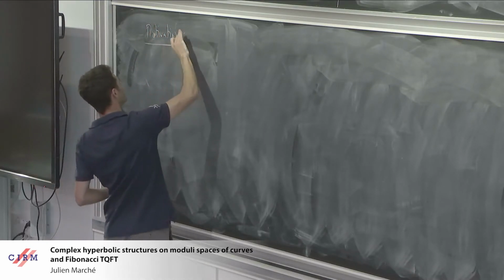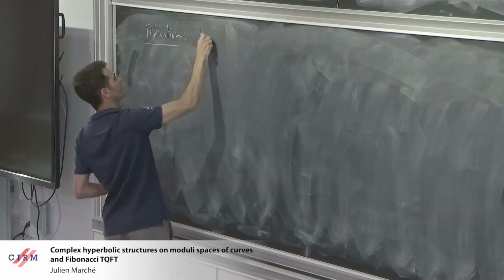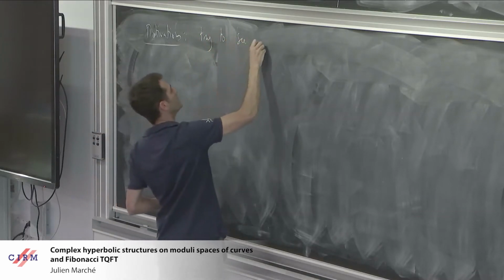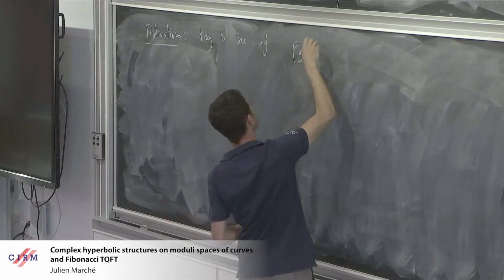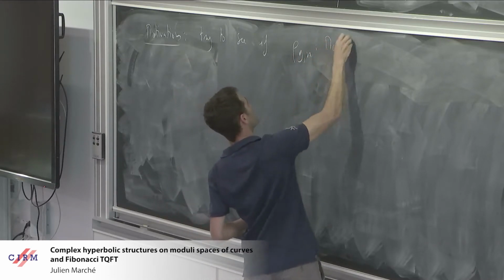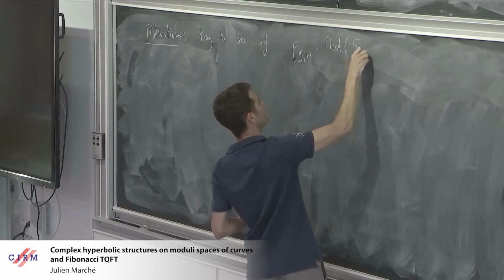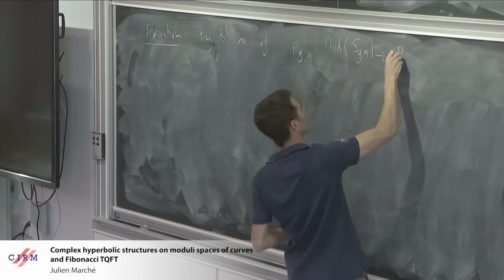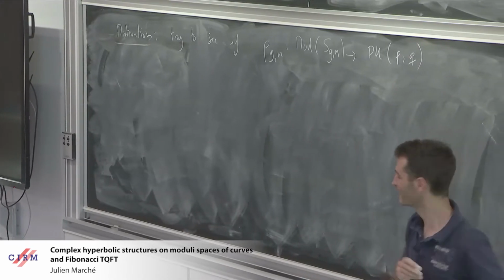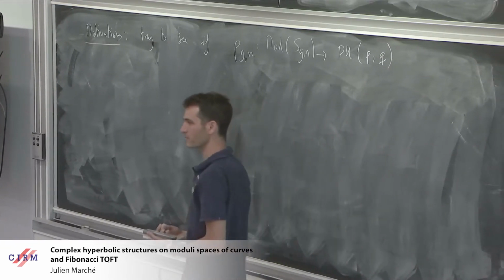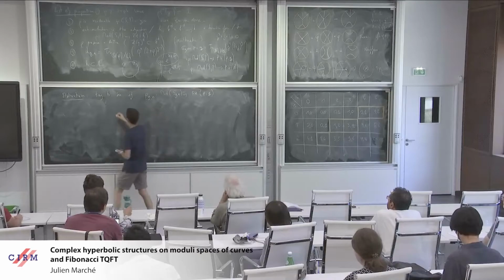It is to try to see if these representations, call them rho g,n, which are representations of the mapping class group into PU(p,q), are holonomies of geometric structures.